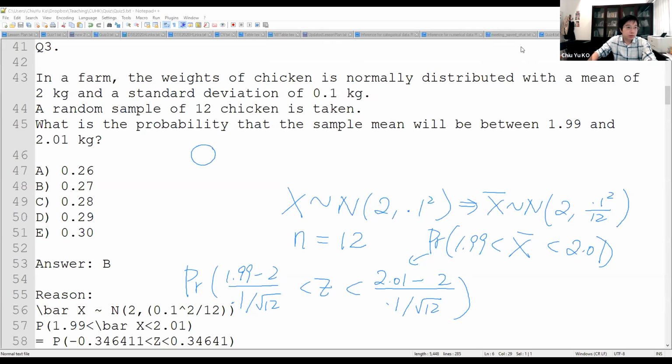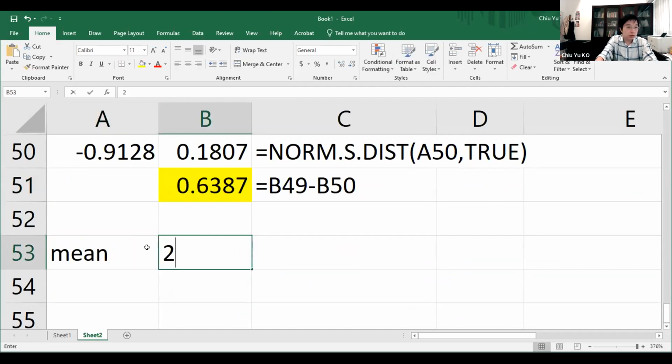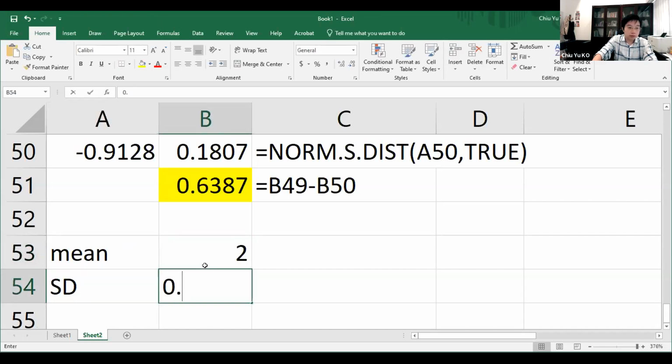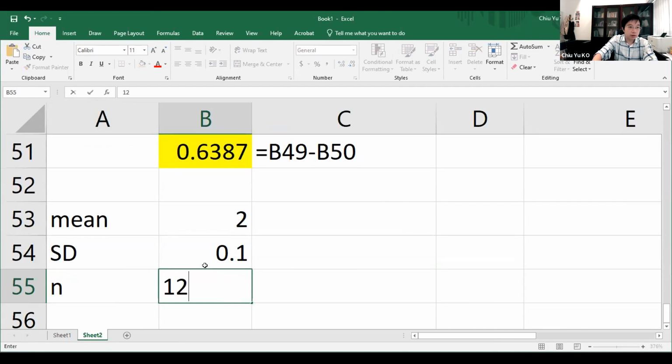Let's find the Excel. The mean is 2, the SD is 0.1, and N is 12.